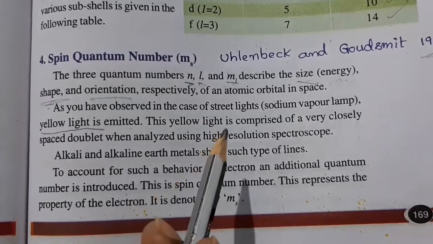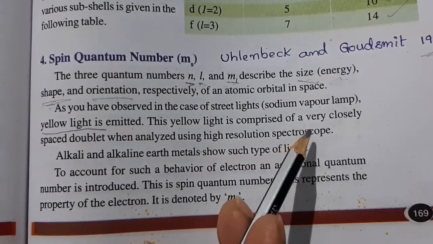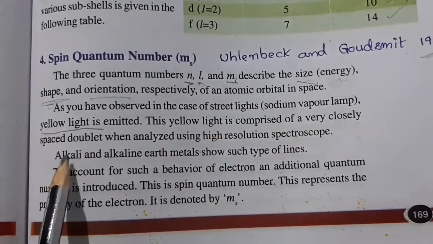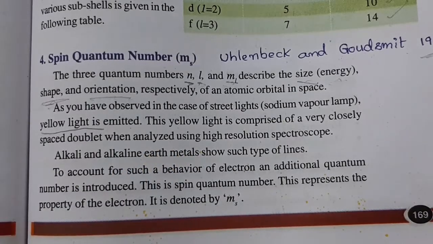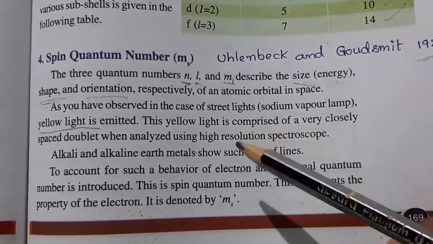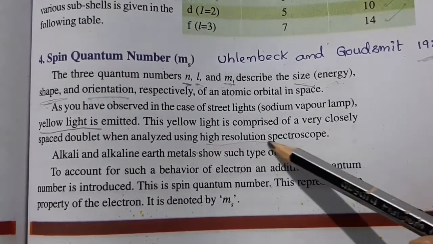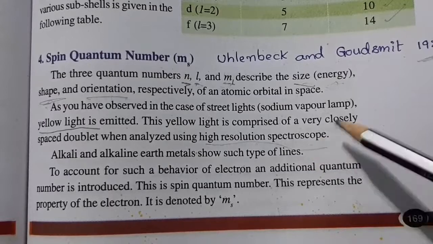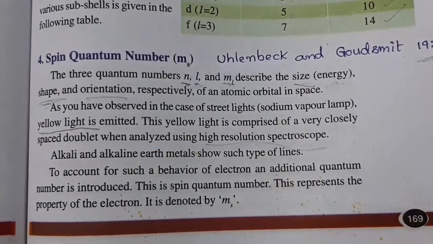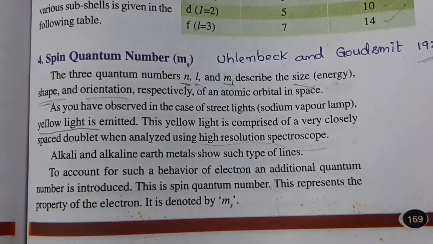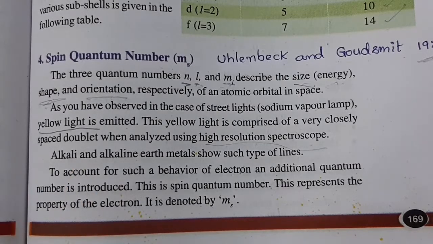This yellow light comprises a very closely spaced doublet when analyzed using a high resolution spectroscope. A doublet is nothing but two lines that you can observe in that light.